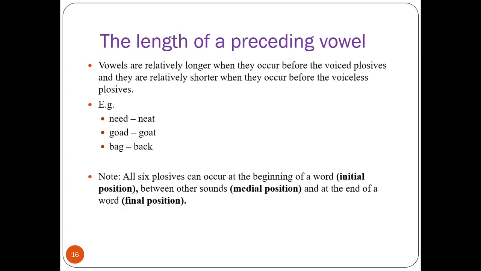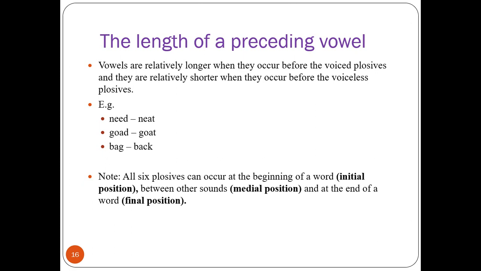So we discussed aspiration. Now move on to the length of a preceding vowel. What happens to the length of a vowel if it occurs before the voiced and the voiceless consonants? This feature is basically not limited to plosives. It's a general feature. Vowels are relatively longer when they occur before the voiced plosives.